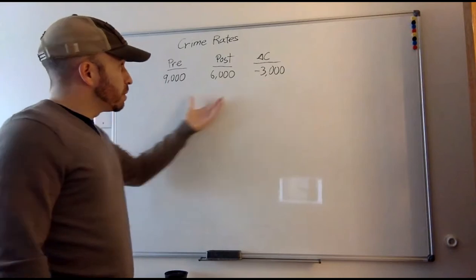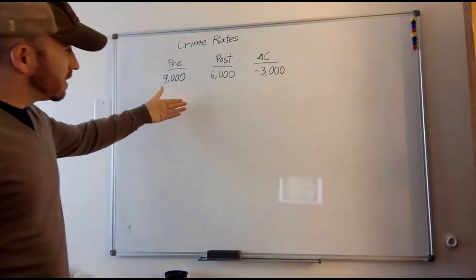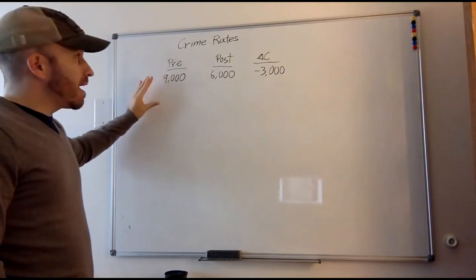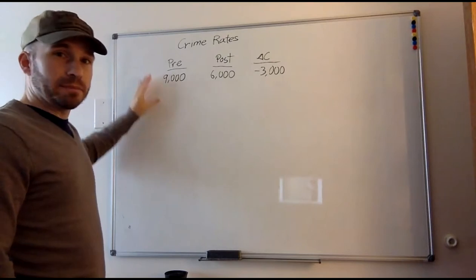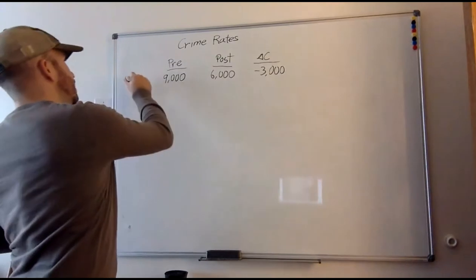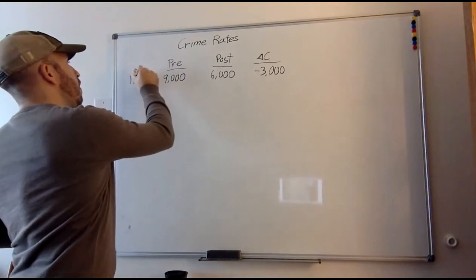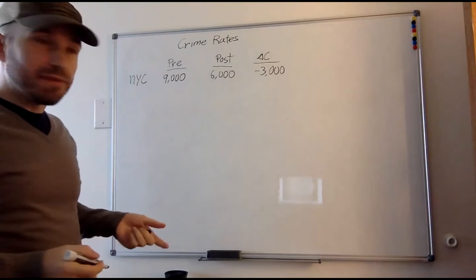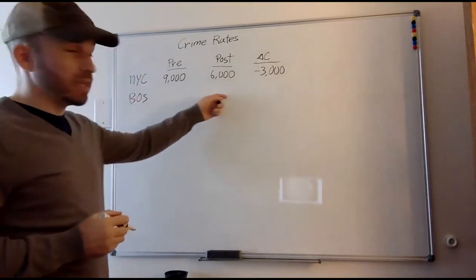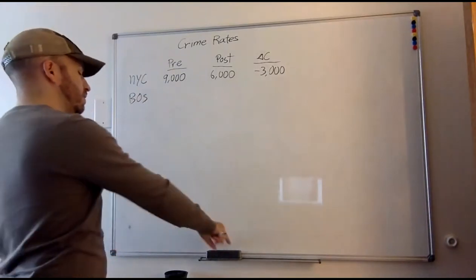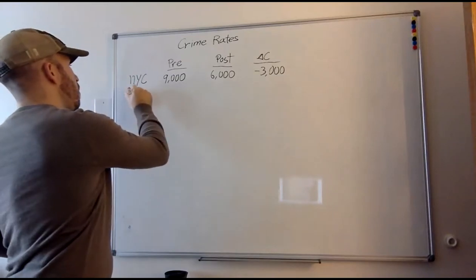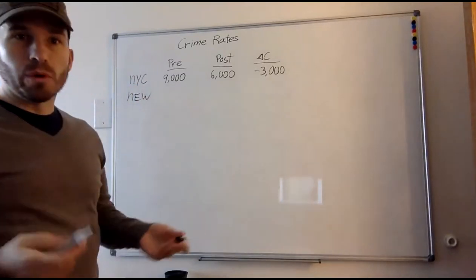So the general principle of difference in differences is this is insufficient, but if we have a comparison point, a good point of comparison, this is New York City right here. So maybe I'm comparing this to Boston and the change in crime rates in Boston, or the change in crime rates in Newark, or in DC.